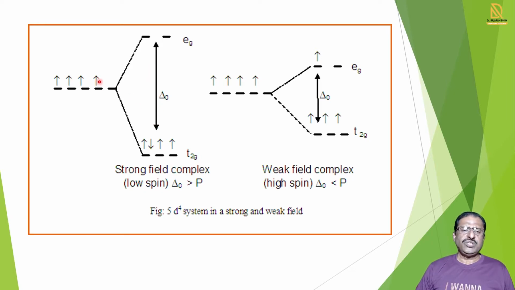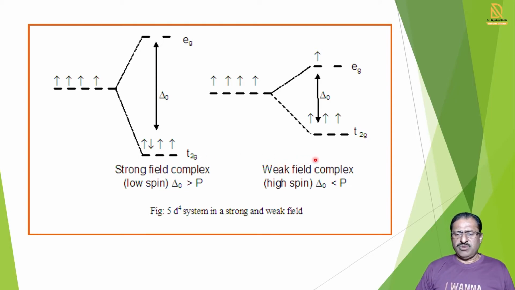When the fourth electron is passed to Eg, it acquires higher energy, but pairing energy is less. So the fourth electron fills in the T2g and does not pass to the Eg. So in the d4 case of a strong field complex, the fourth electron is filled in T2g and the electronic configuration of T2g is 4, meaning all 4 electrons are filled in T2g.